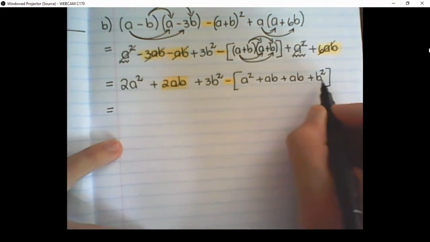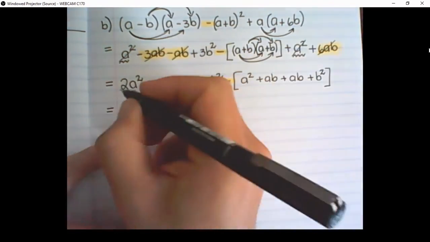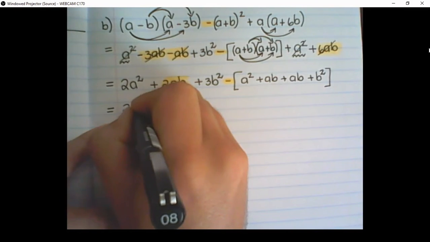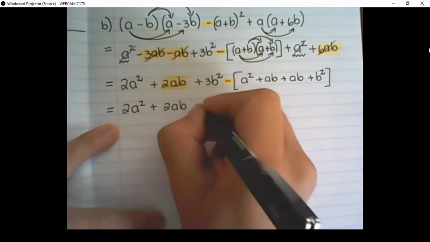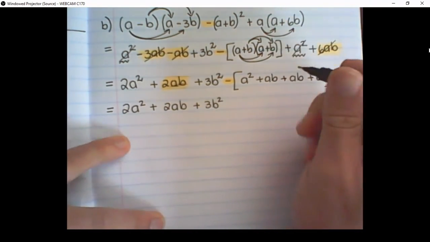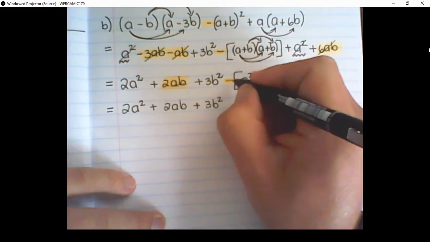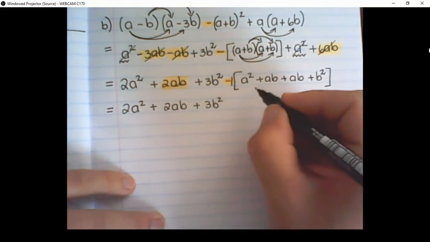Before I finish off the sum, I'm going to now remove my final square brackets. So it is 2a squared plus 2ab plus 3b squared. And in the previous lessons, we discussed how to remove brackets. We say that that's a negative 1 in front of the bracket.